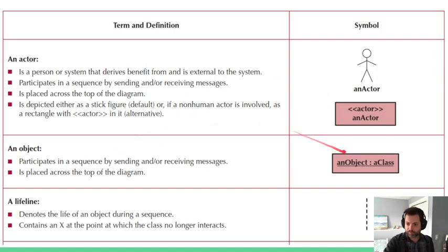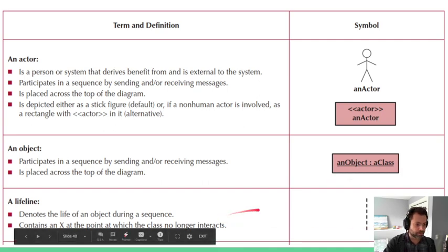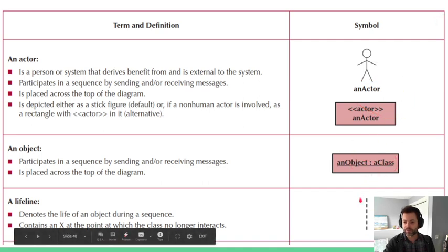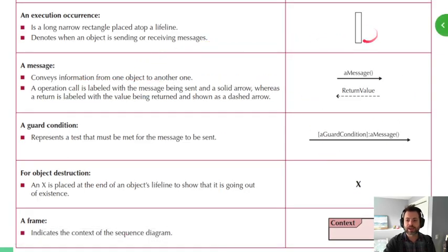So I do have some formalities here. There's nothing behind my video if you're looking at it on Twitch, which I don't know where else you'd be looking at it. But some definitions for you here. This is what I'd provide for the class diagram as well. But you have your actors, you have your objects, you have your lifeline. Execution occurrence, that was the phrase I was looking for.